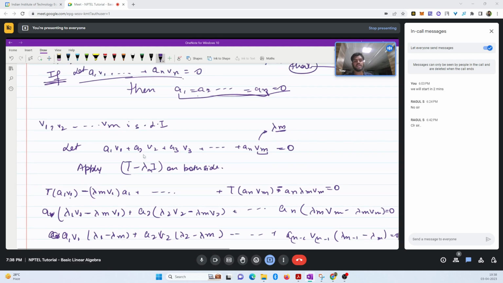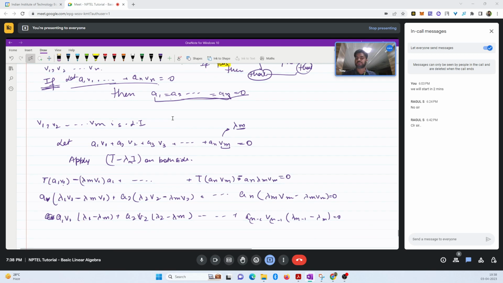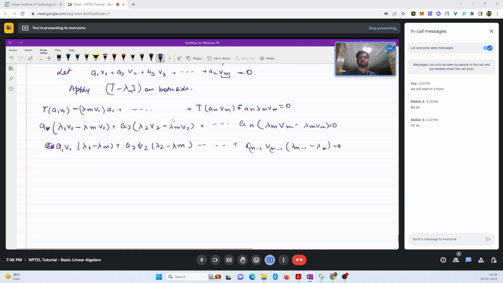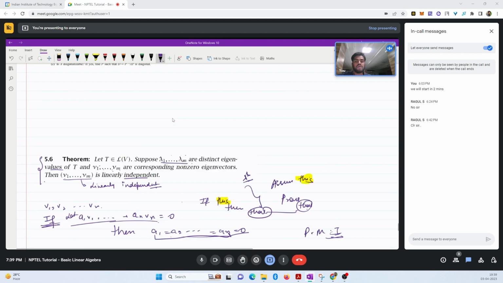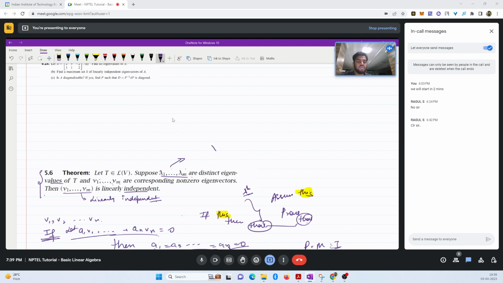Now the second way that I was talking about was via the principle of mathematical induction. How can we apply PMI on this? We can apply PMI on the number of eigenvalues. If you have only one eigenvalue, lambda 1, then it is already linearly independent.